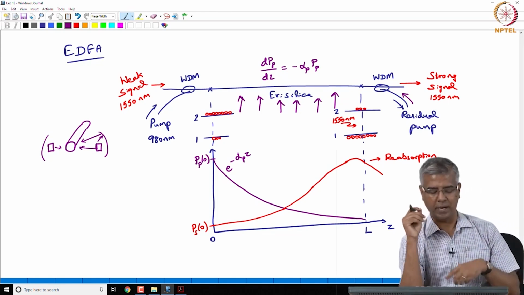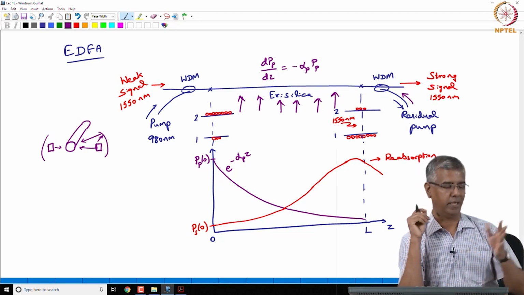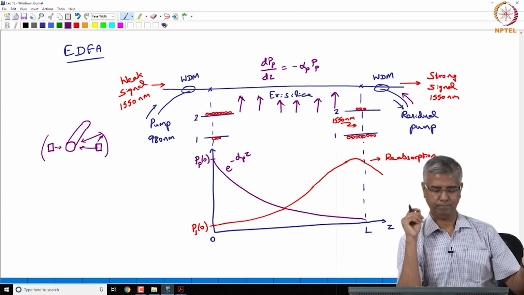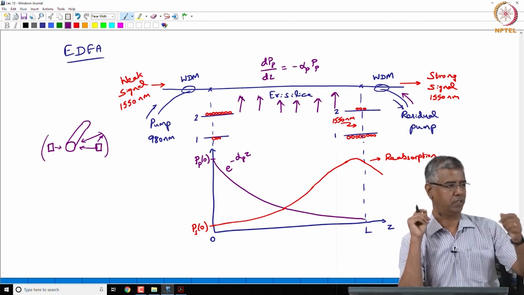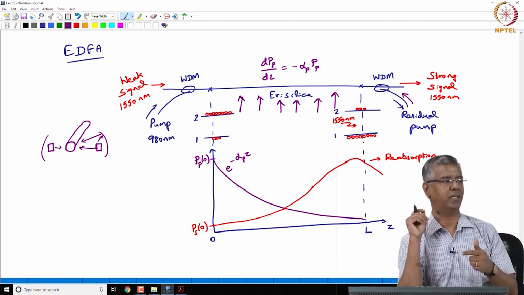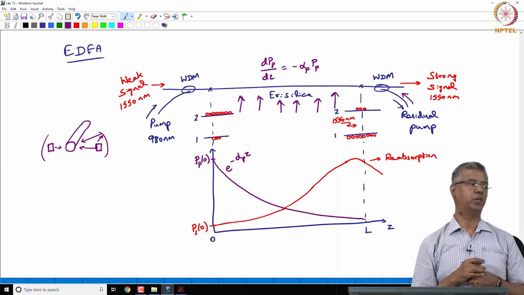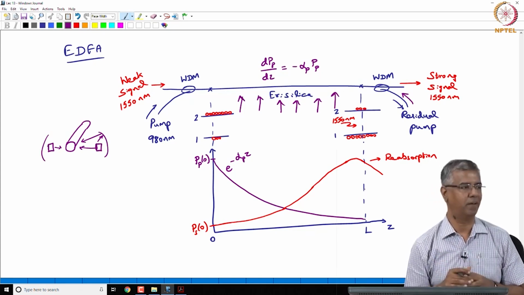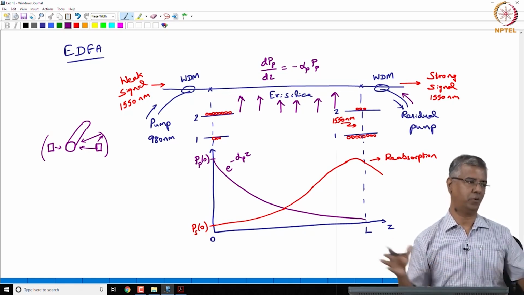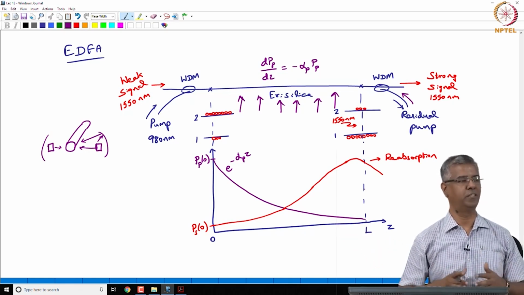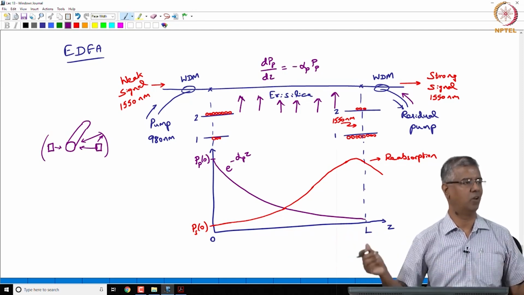Of course, you can argue that if my pump excitation is very low on the left side of the fiber, then you have more atoms in the ground state. So the few photons that are coming in, they are getting absorbed, right? So what you have to ensure is that you maintain a certain level of inversion. So, once again, it doesn't mean that in counter propagation direction you can make the length arbitrarily high, long fiber.